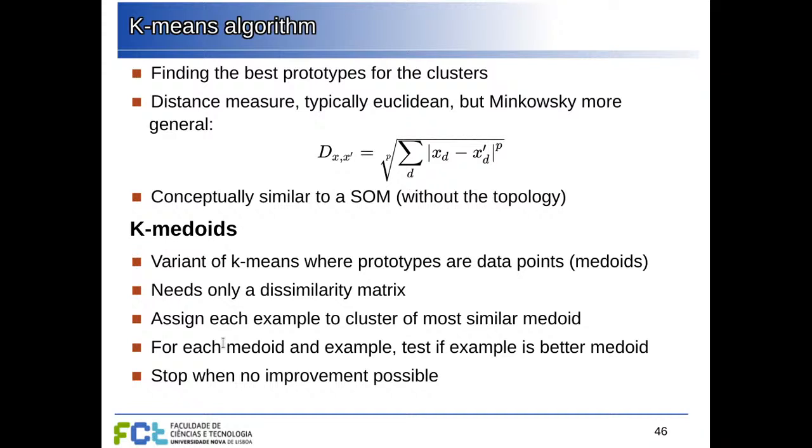This would be the one that is closest, on average, to all the other examples in the cluster. So this is similar to k-means. We are also recomputing the clusters, finding the prototype and so on, but we don't compute the mean. We find an example within the cluster that is closest to all the other examples, so that it is more representative of the cluster.